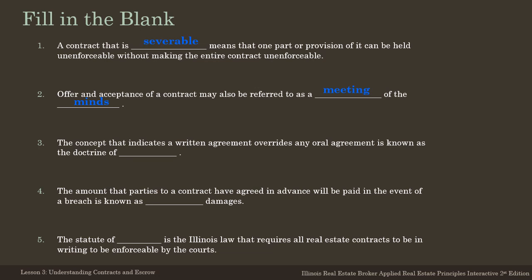The concept that indicates a written agreement overrides any oral agreement is known as the doctrine of parole evidence. This is something you probably want to know for the exams in this course and maybe for the state exam. You'll really never see this in the actual workaday real estate world. But you should know that courts want written agreements when it comes to sales contracts, and any term or provision should be in writing.